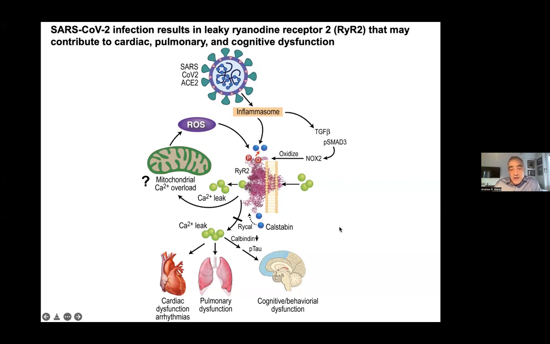So I want to observe that there are a lot of caveats to the study: a tiny number of patients, most of them were older, and evidence of hypoxic brain damage in most of them. Obviously a lot more work needs to be done before confirming this, but the suggestion is that Alzheimer's type signaling could be playing a role in long COVID, and that this could be linked to leaky calcium channels.